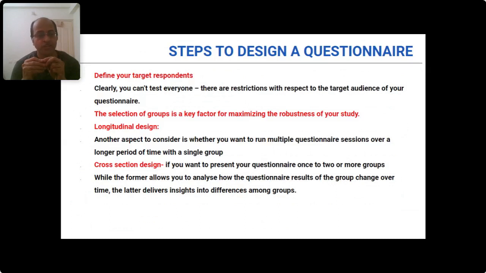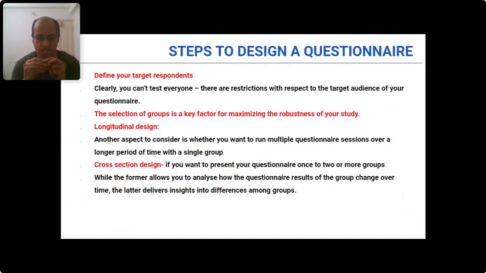Usually when you are doing a questionnaire design, there are two kinds of designs. One is called the longitudinal design, the other is called the cross-sectional design. The basic difference between them is, if you are doing the questionnaire analysis over time and you are trying to look at how variables change over time, then it becomes longitudinal design. However, if that is not the case, then you have cross-sectional, meaning you are just looking at how the variables interact at a particular given time point.